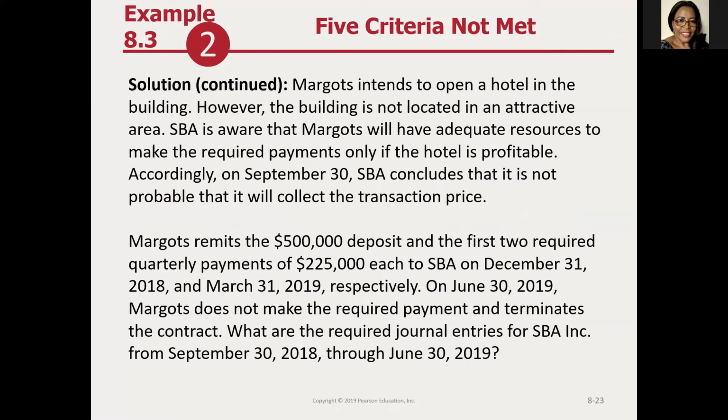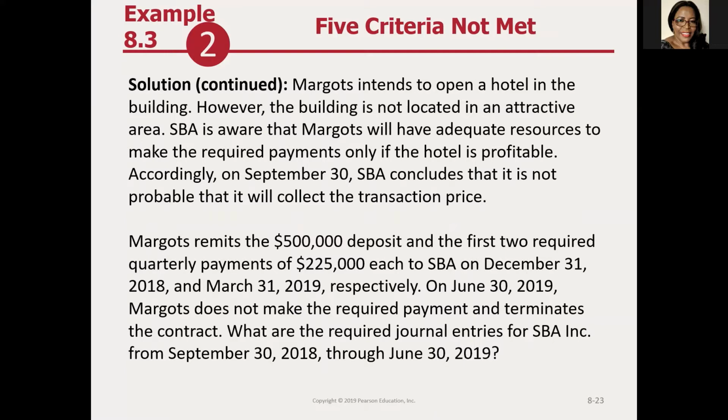Okay, continue. Margaret's intends to open a hotel in the building. However, the building is not located in an attractive area. SBA is aware that Margaret's will have adequate resources to make the required payments only if the hotel is profitable. Accordingly, on September 30th, SBA concludes that it is not probable that it will collect the transaction price.